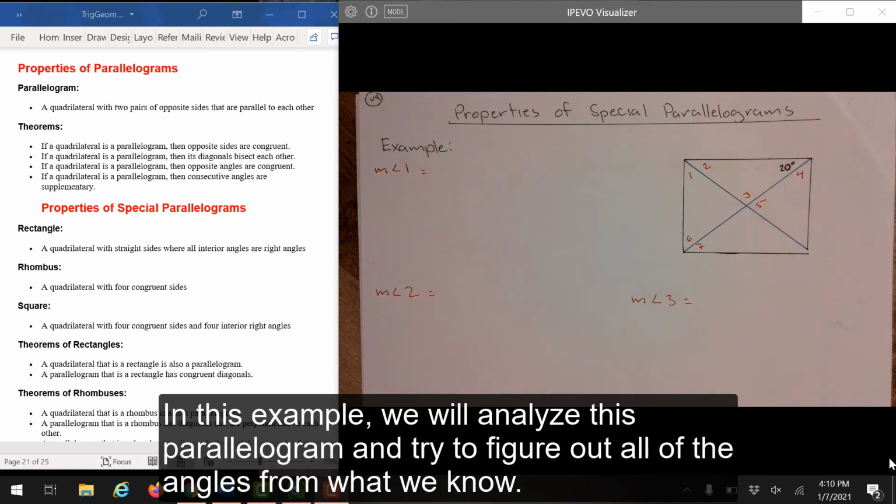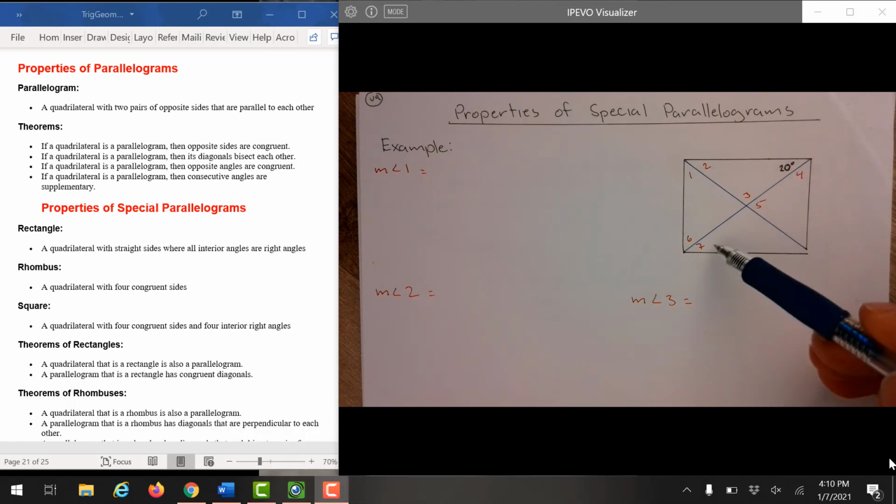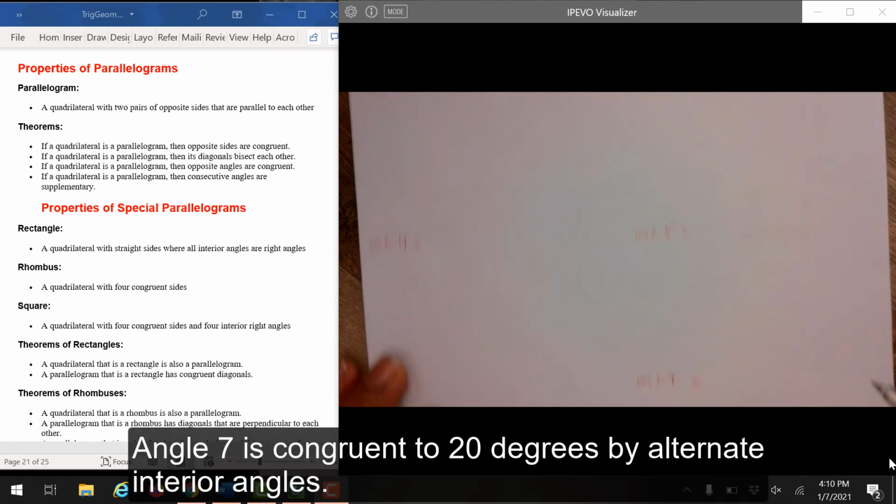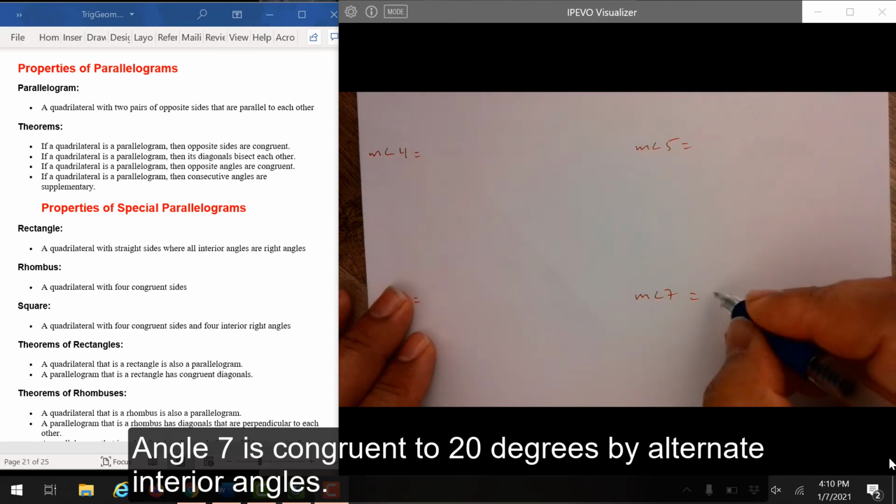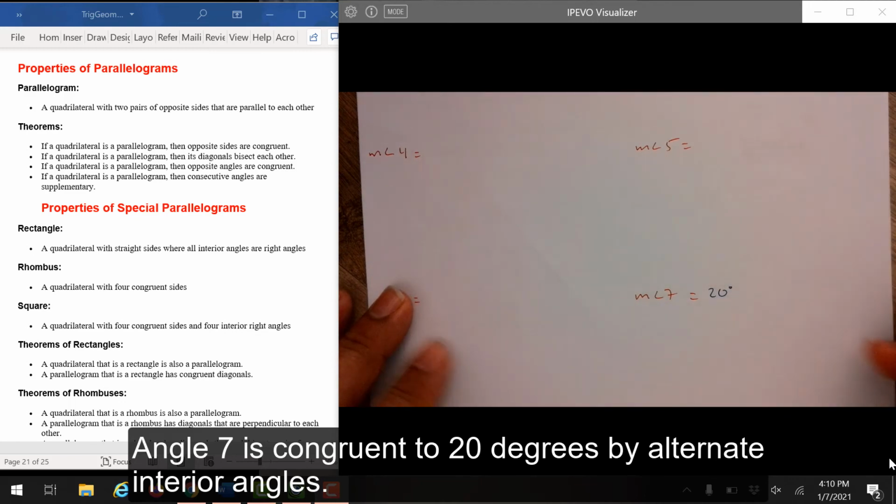In this example, we will analyze this parallelogram and try to figure out all of the angles from what we know. Angle 7 is congruent to 20 degrees by alternate interior angles.